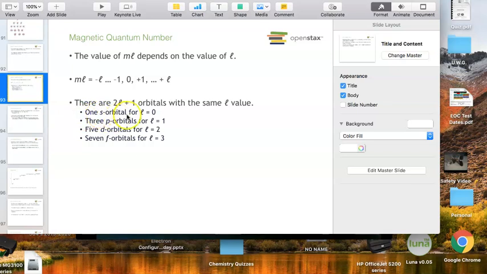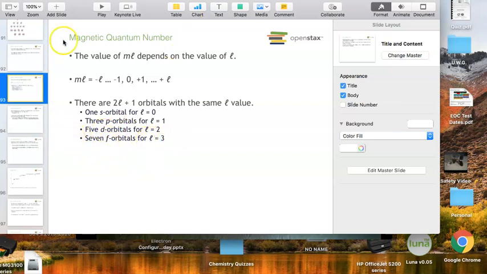So one s orbital for L equal to 0, 3 p orbitals for L equal to 1, 5 d orbitals for L equal to 2, and 7 f orbitals for L equal to 3. We already talked about L of 0 having an s orbital, L of 1 a p, L of 2 a d, and L of 3 an f.